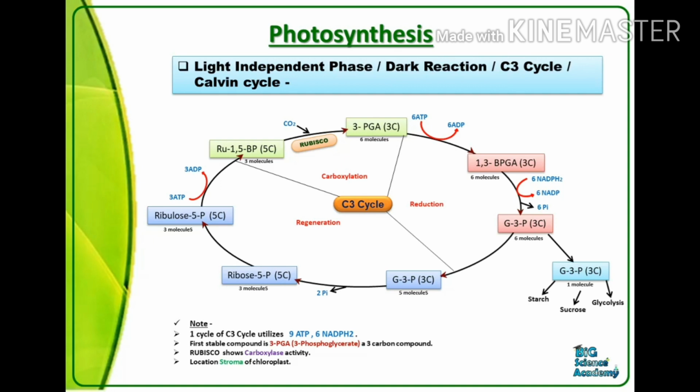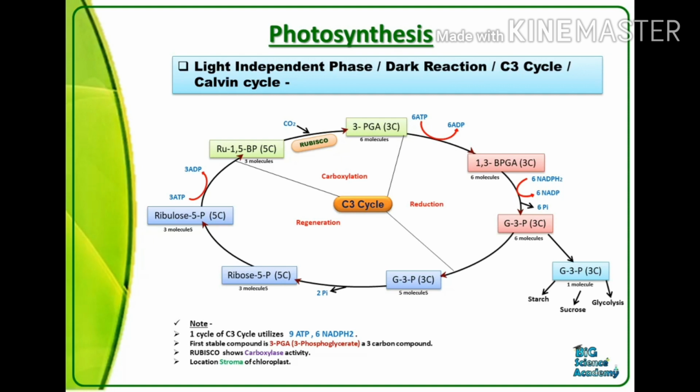So in one cycle of C3 cycle, there is a utilization of 9 molecules of ATP and 6 molecules of NADPH2. But actually 2 cycles of C3 cycle are performed, so in total 18 molecules of ATP and 12 molecules of NADPH2 are utilized.